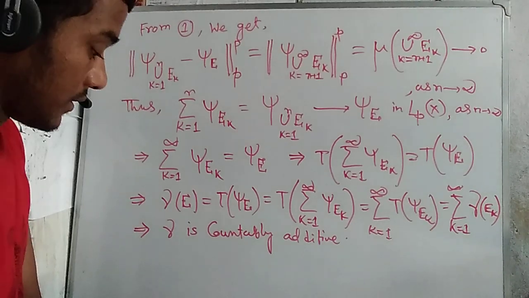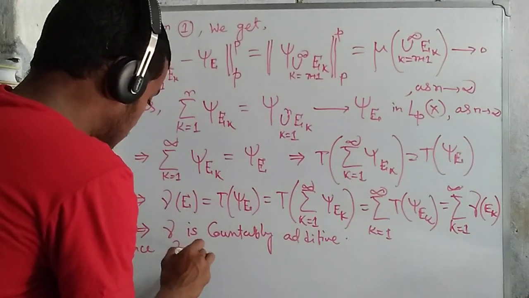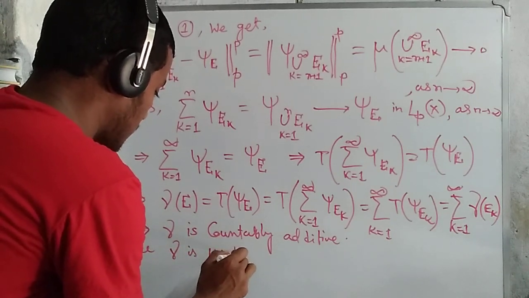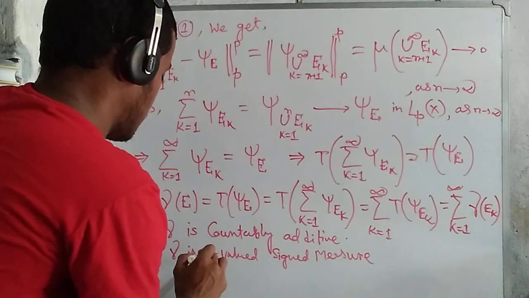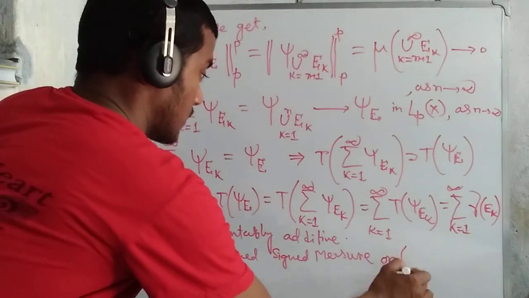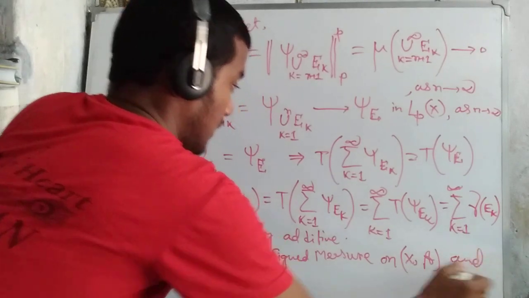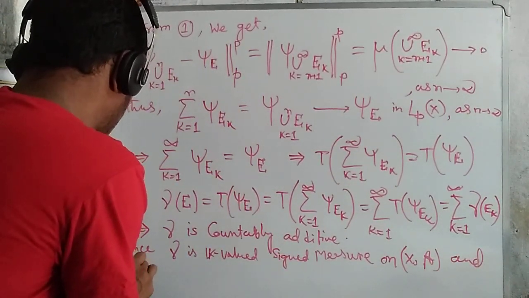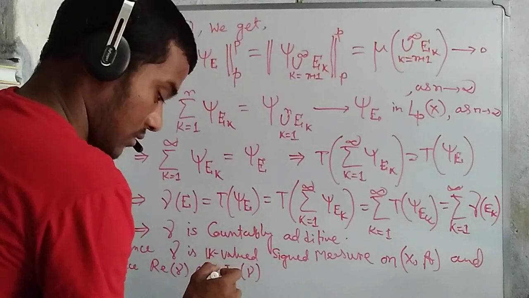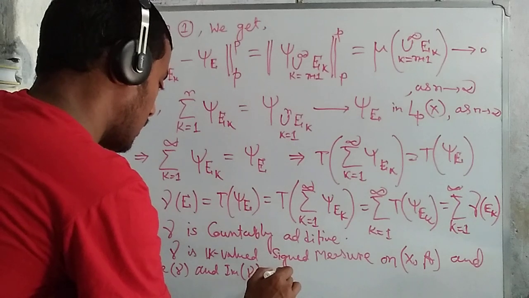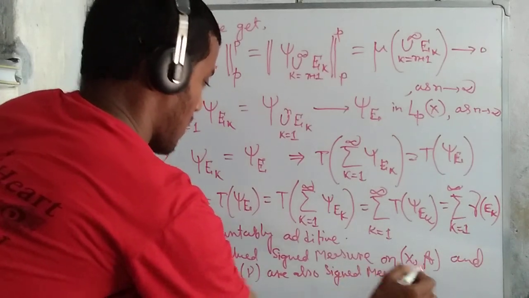Then obviously we write that hence gamma is a K-valued signed measure on X, algebra A, and hence real of gamma and imaginary of gamma are also signed measures.